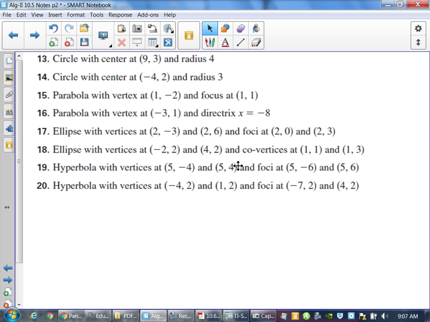Then tomorrow we'll start talking about how we work from the, what do they call it, the standard form of a conic? What's it called?